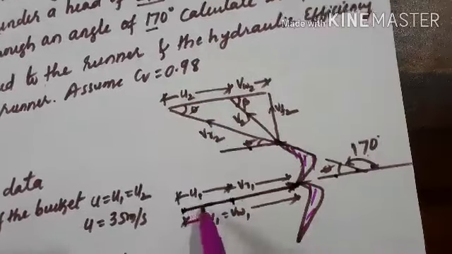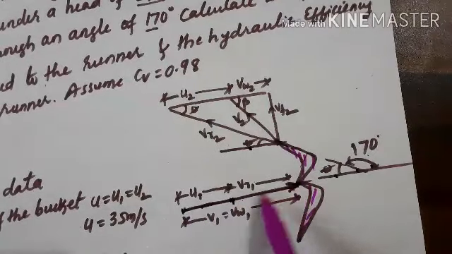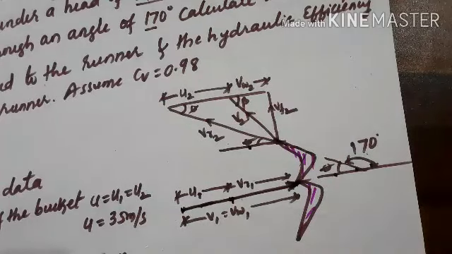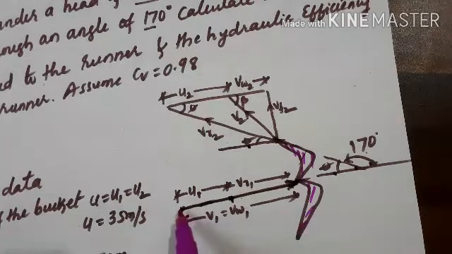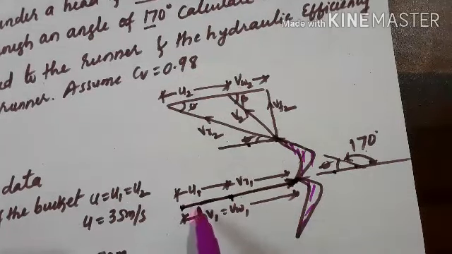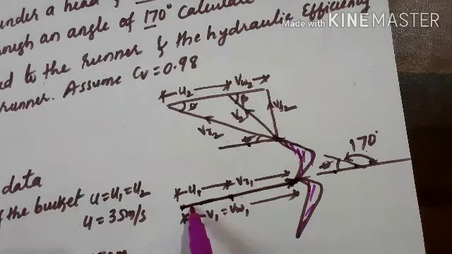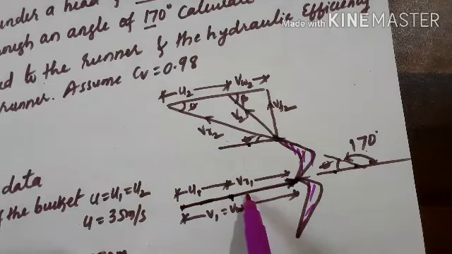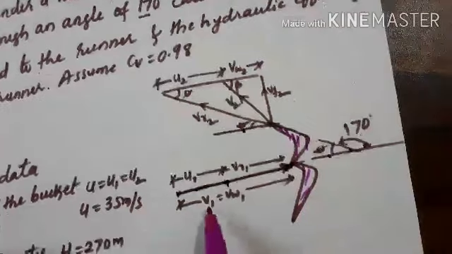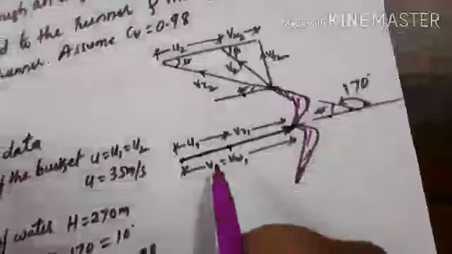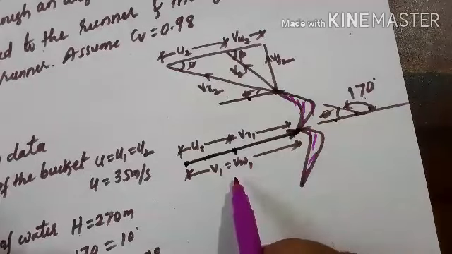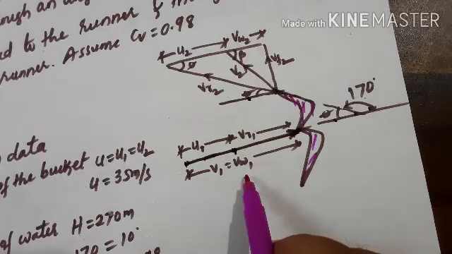So as I said, the inlet velocity triangle, unless it is mentioned the angle of striking by the jet, will be a straight line, and on that straight line you have to mark all the components of the fluid velocity, that is the velocity of the vane and the velocity of the jet with respect to the bucket, then the velocity of the jet which is equal to the whirl velocity. Since alpha and theta are 0 here, the velocity of flow will be 0 here.